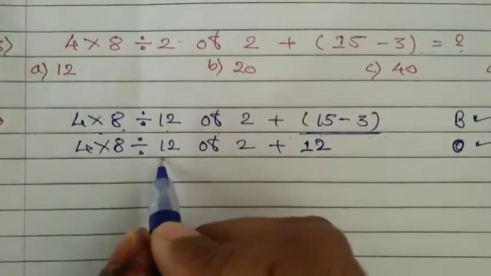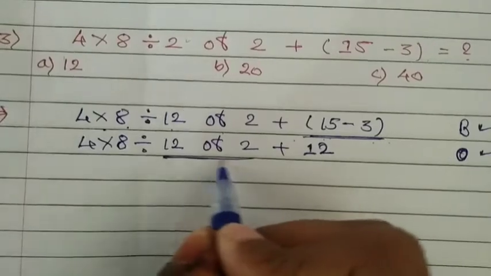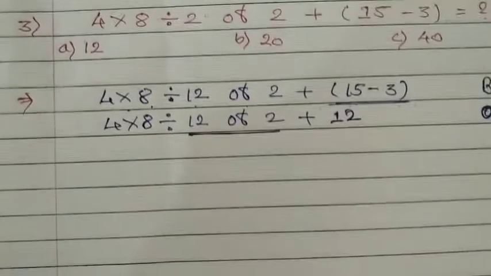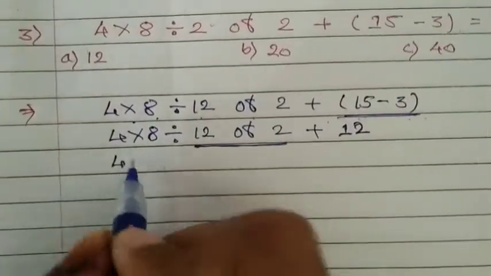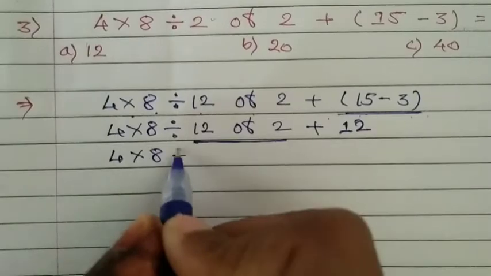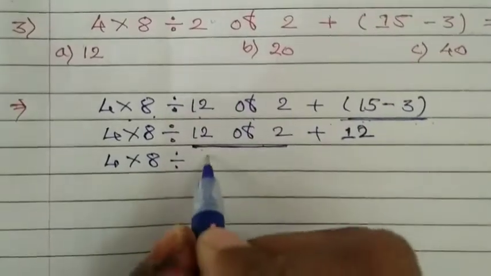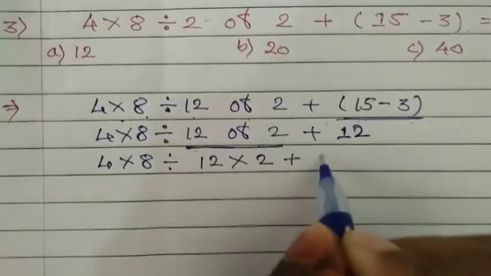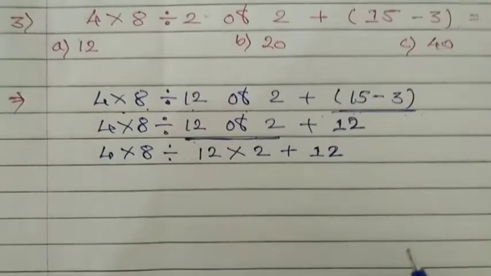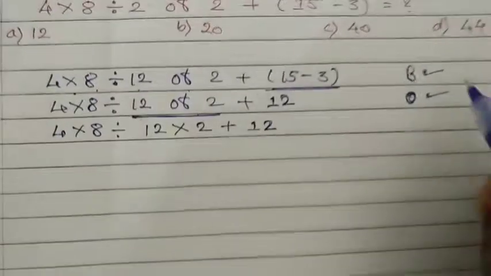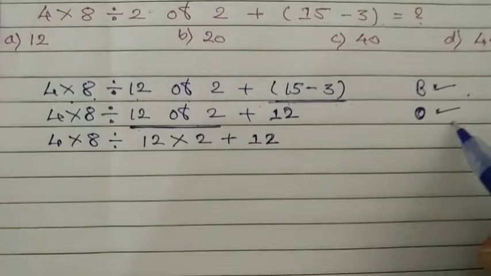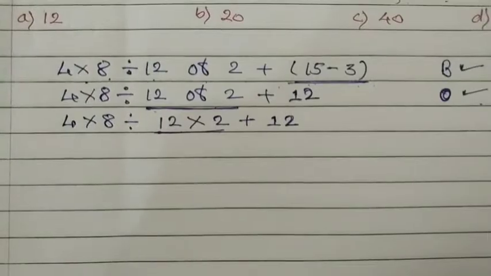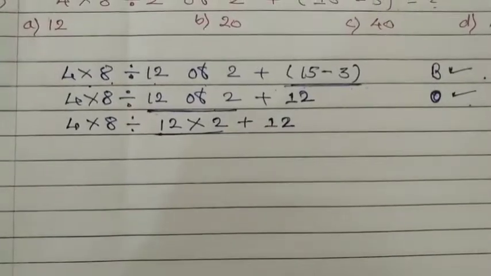Is there of present? Yes. 12 of 2. 12 of 2 means multiplied, 12 into 2, 24.